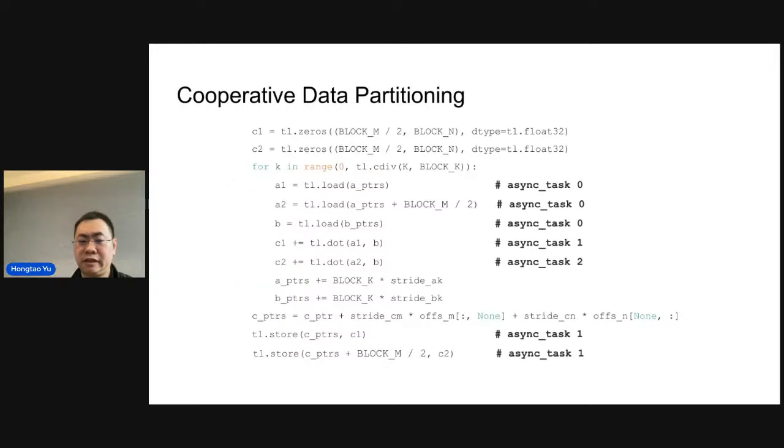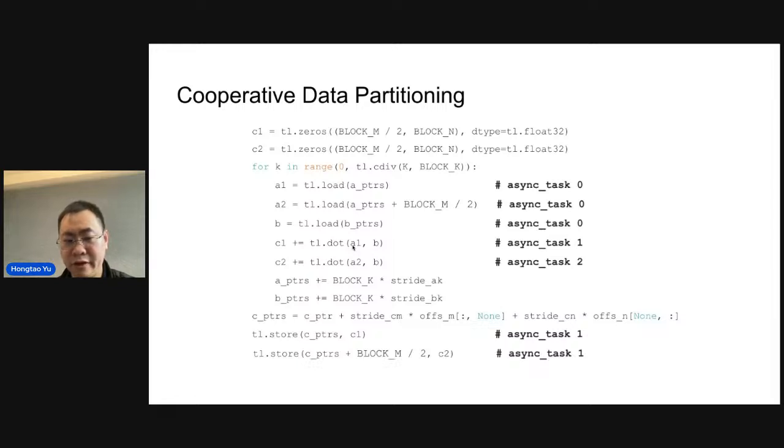After that, because we are using the two consumers mode, also known as the cooperative partition mode, because we see opportunities there, it depends on the tile size, and now the data partitioner kicks in and tries to figure out how to share data between the two consumers.